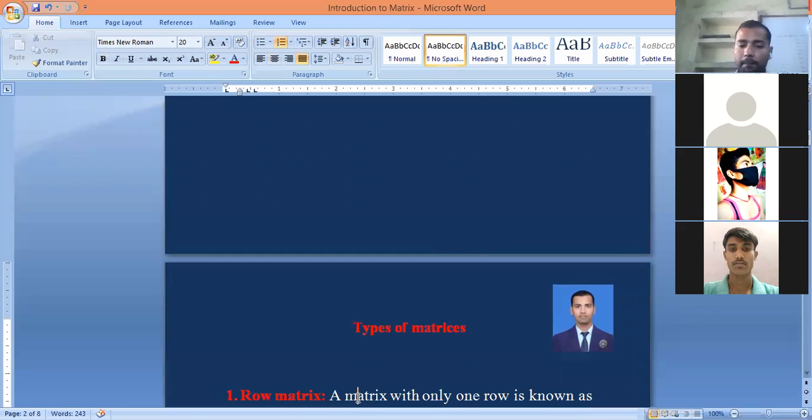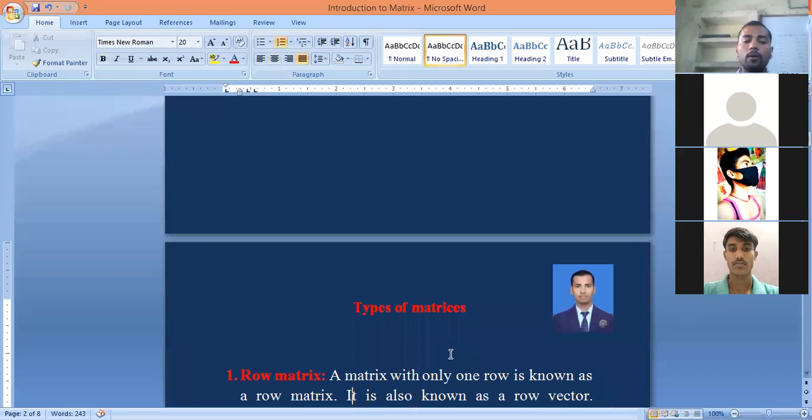A matrix with only one row is known as a row matrix. That means if there is only one row in the given matrix, then such types of matrices are known as row matrices, the plural form of matrix.